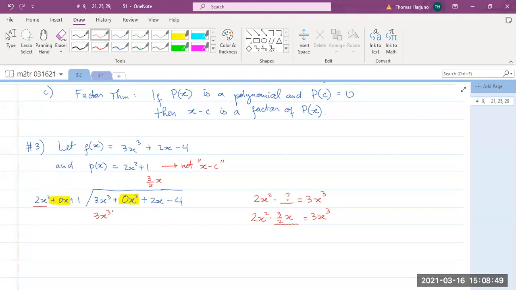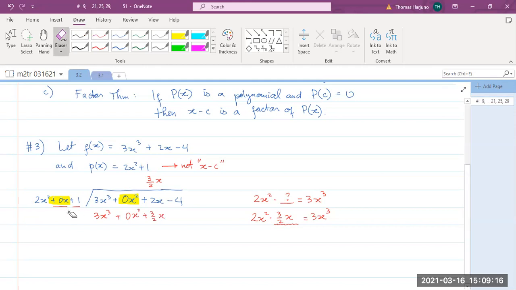After we know we multiply by 3 halves x, we distribute that 3 halves x to this term and also to this one. So that will be plus 0x squared plus 3 halves x.